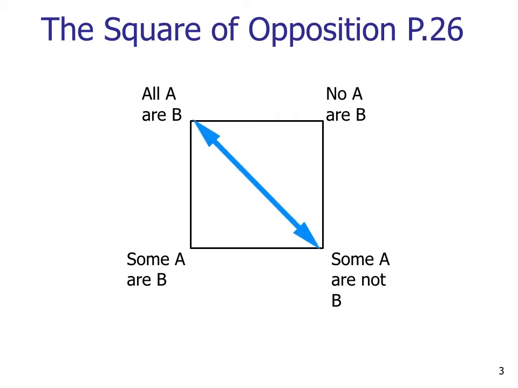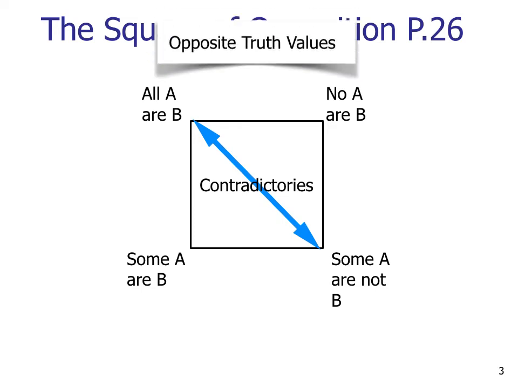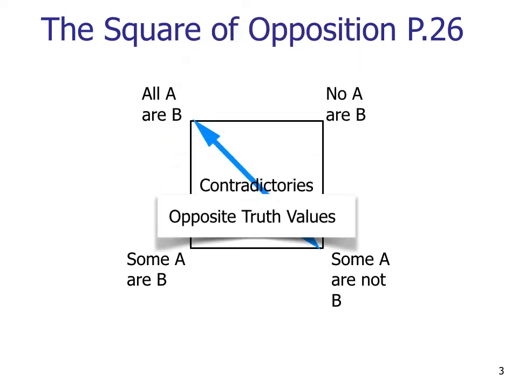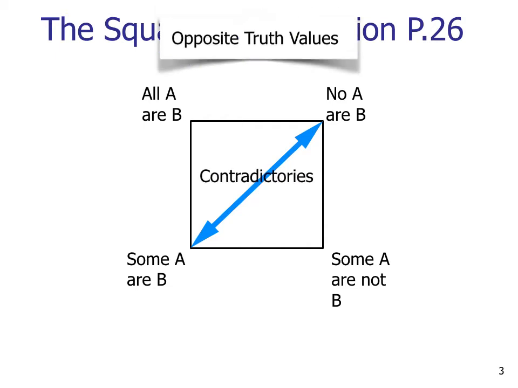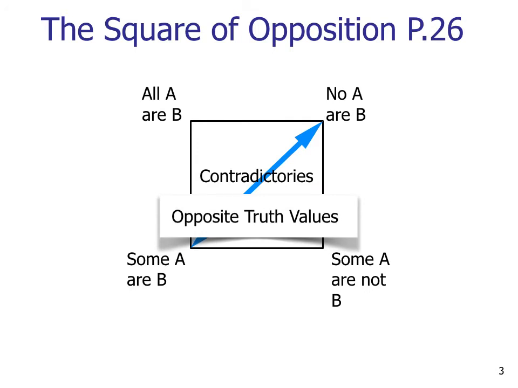Now, the relationship between all A are B and some A are not B: these are contradictories, and contradictories have opposite truth values. The relationship between no A are B and some A are B: they are also contradictories, and contradictories have opposite truth values.